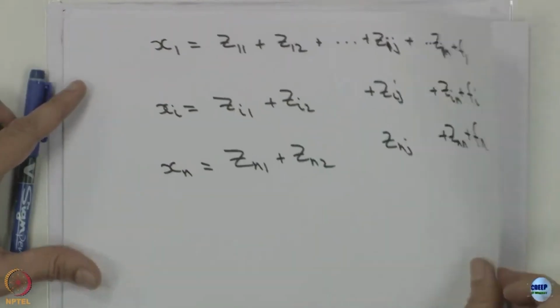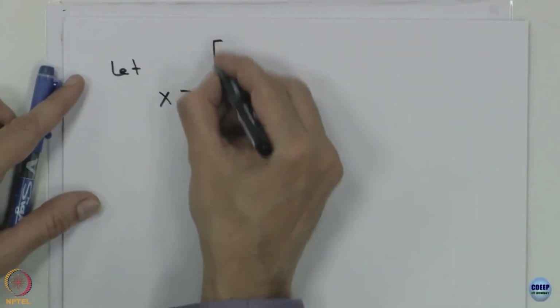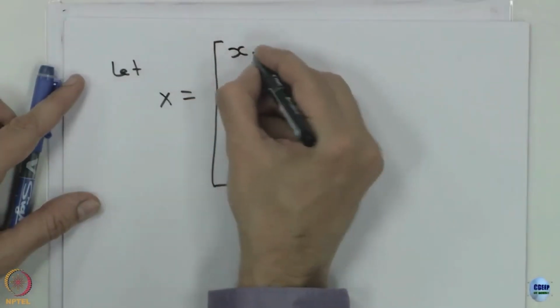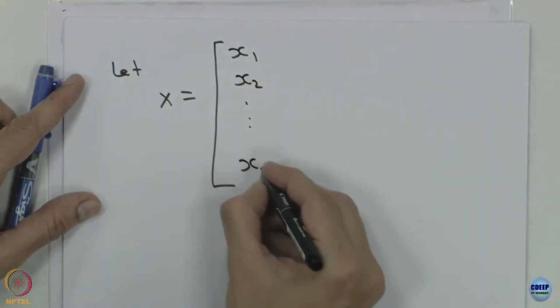Whatever we have written so far, this can be written in matrix form, so that we have these following matrices. X is x1, x2 and so on to xn.